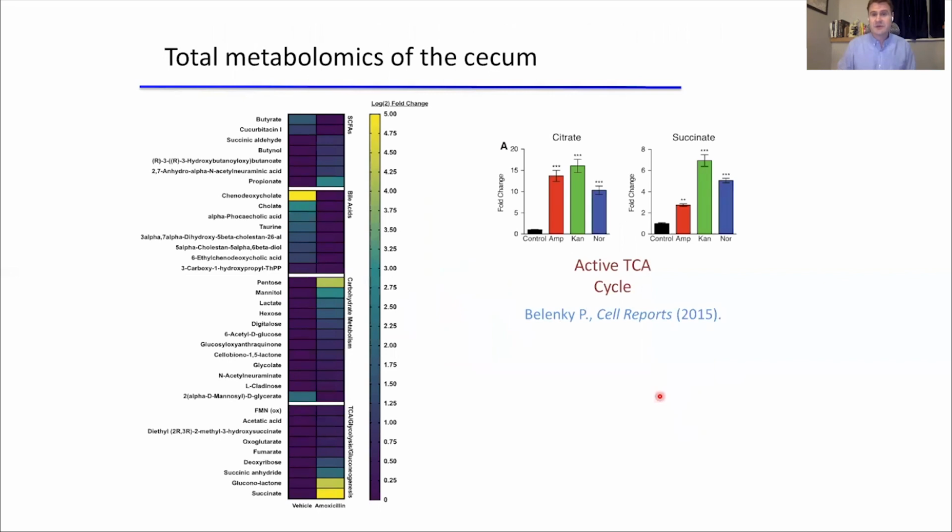This is data from a paper that I published in 2015 when I looked at the metabolome of E. coli treated with 3 different antibiotics, one of them being a beta-lactam, in this case ampicillin. We found that treatment with amoxicillin is also associated with significant changes in the levels of things like succinate.